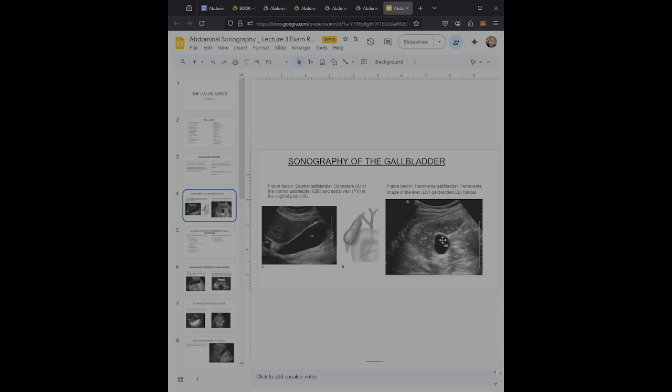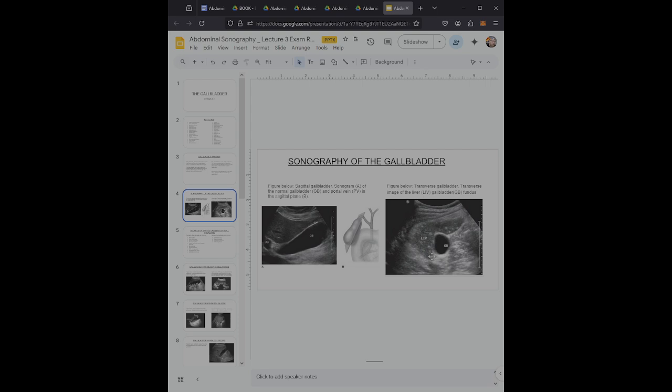So when we are scanning patients to evaluate the gallbladder, the patient is usually placed supine, or in certain cases left lateral decubitus. We can also see the gallbladder in prone or any other position to demonstrate mobility of any intraluminal objects such as polyps or gallstones.